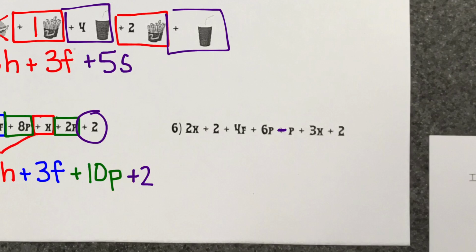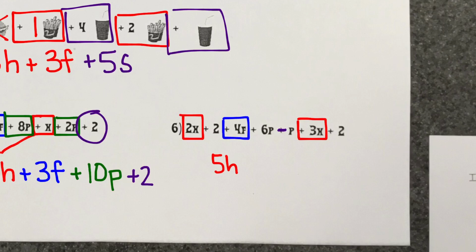All right, so let's start with our hamburger. So I'm going to box my hamburger. I've got 2H and 3H. Take that operation with it. What's 2H plus 3H? 5H. Okay. Then I'm going to take my blue and I'm going to do my fries. So take your operation with it. Plus 4 fries.